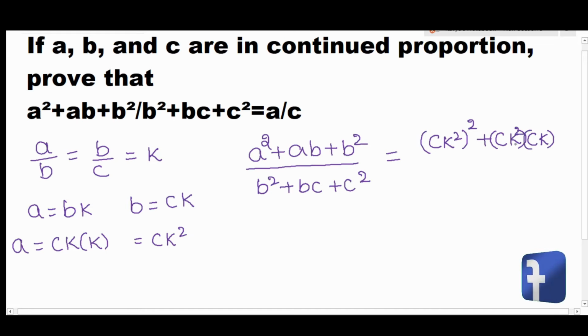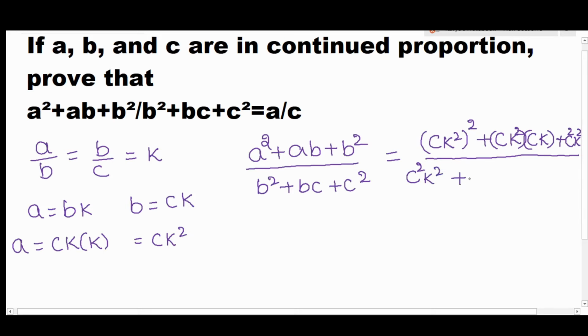This is ck square, plus in the place of b, I'll write it as c square k square, because you can see square is there. I've written directly there. So b square again is c square k square. In the place of b, it is ck. So multiplied with c again, plus c square.